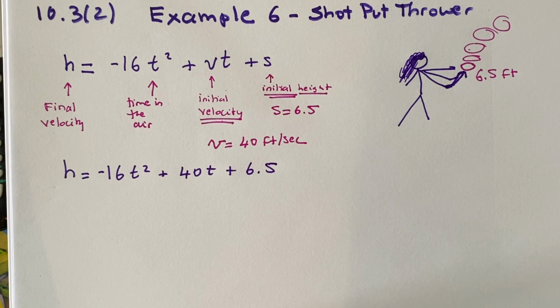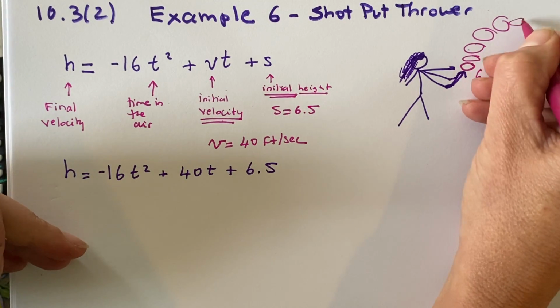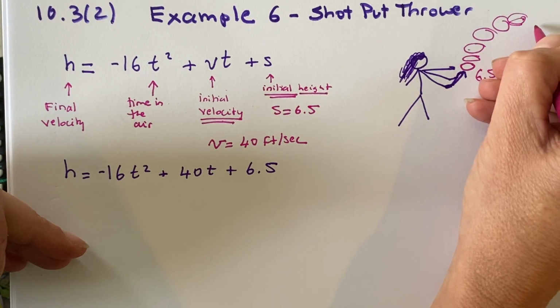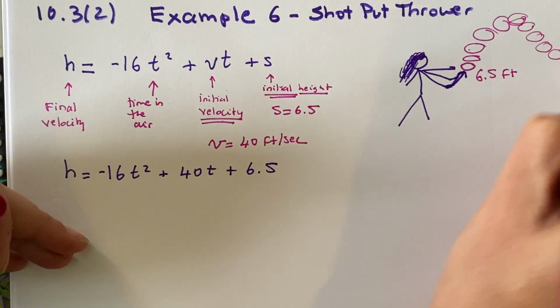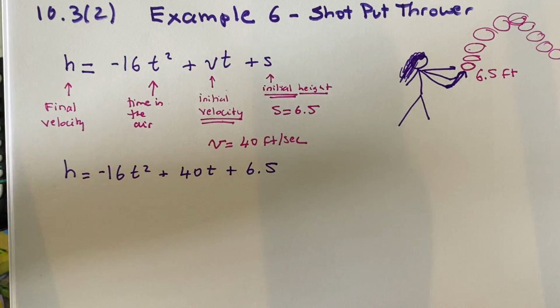Part B says, use the equation to find the time that the shot put is in the air. Well, we assume they want it to land on the ground. Once it's thrown, it's going to keep going up, but it's going to follow the path of a parabola and go down to the ground.